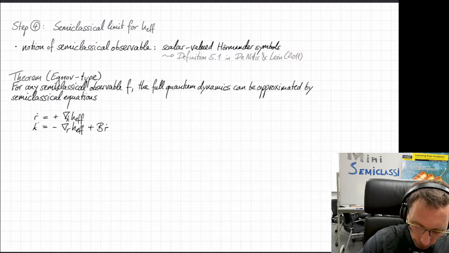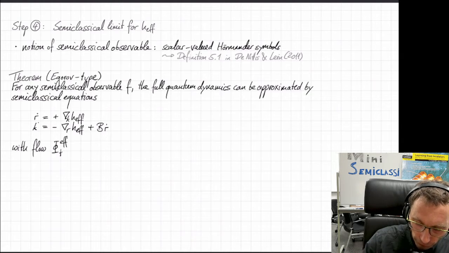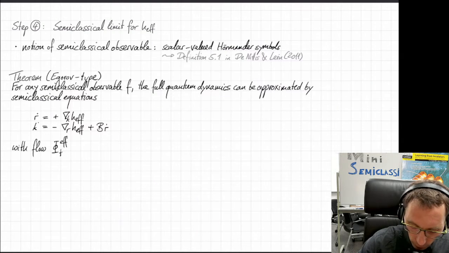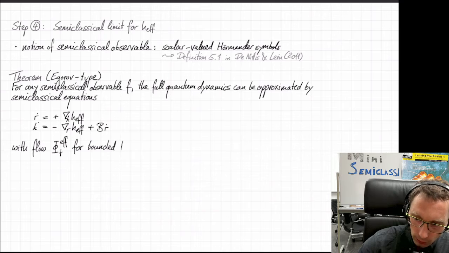These have the flow phi effective, because they're generated by H effective, for bounded times. Again, this is because of the Grönwall lemma that is implicit, in the usual sense.